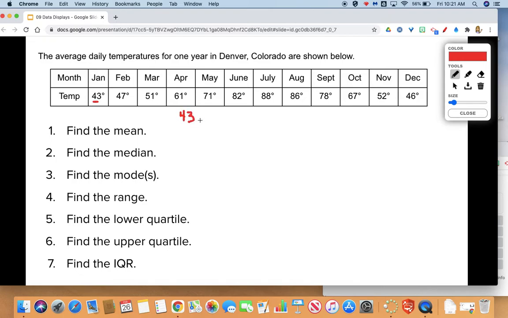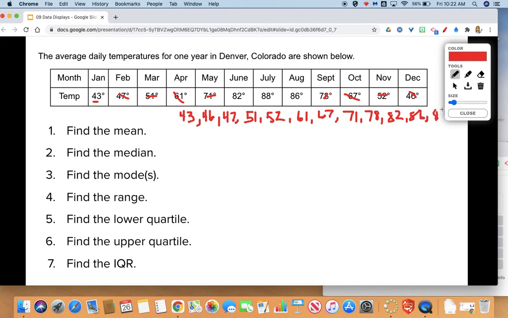I've got 43 as my first number, 46, 47, no more 40s, I've got a 51, a 52, no more 50s, 61, 67, no more 60s, 71, 78, no more 70s, 82, 86, 88.